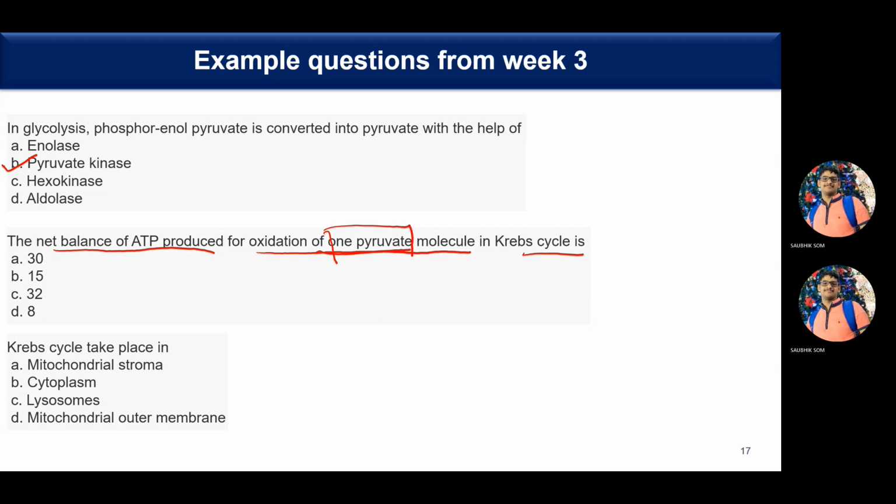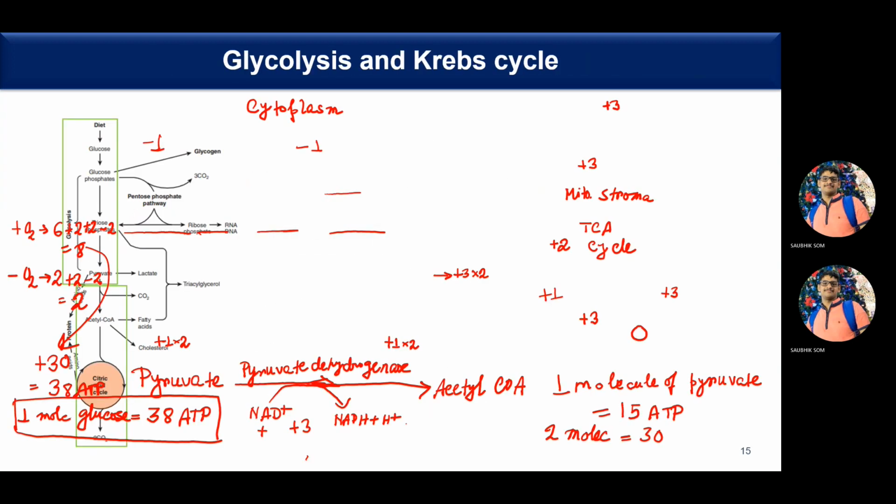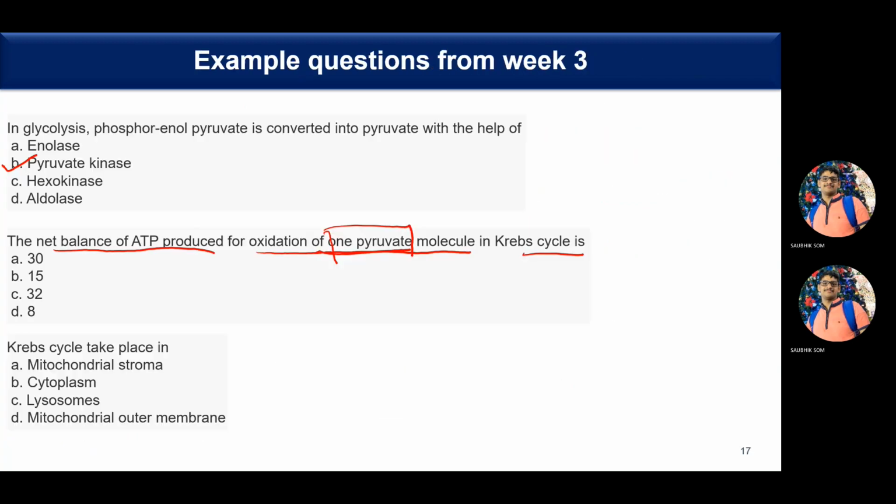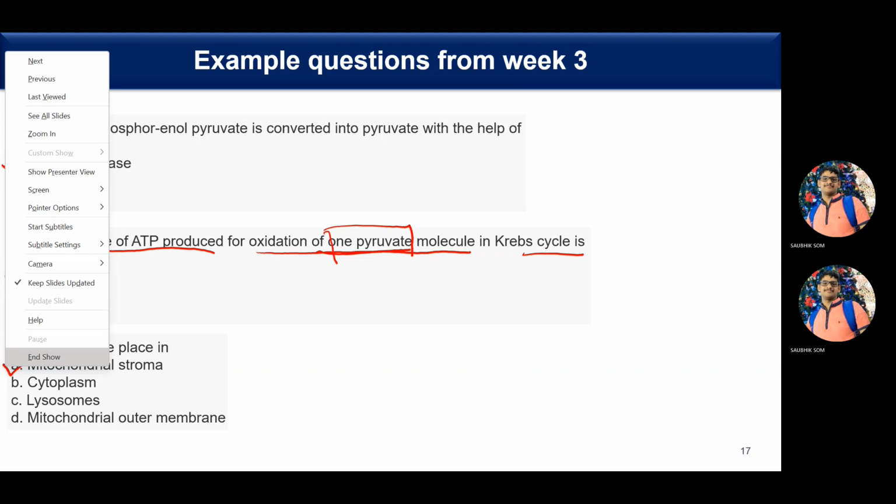Okay. Now, if you don't consider the ETC, only in the Krebs cycle, then only one ATP is formed in the form of GTP. But if you consider that the ETC is happening, as I've explained here, then one molecule of pyruvate generates 15 molecules of ATP, correct? So 15. I have to explain the Krebs cycle in the mitochondria.